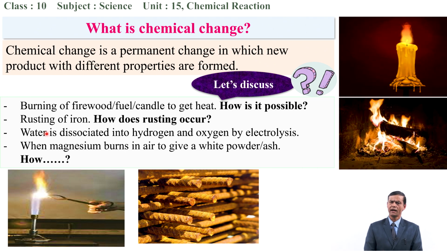Rusting of iron, how does it rust? How iron get rusted? Do you know? There is also chemical process. Iron plus oxygen in the presence of moisture, it changes into iron oxide, that is hydrated ferric oxide like this.